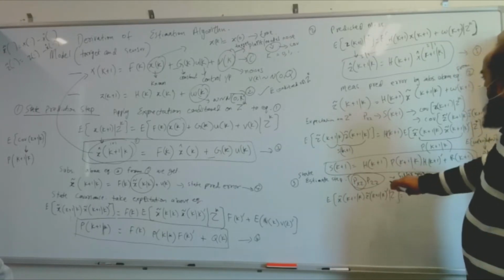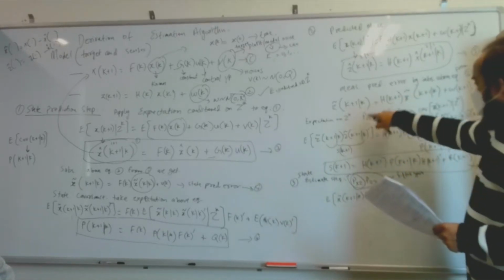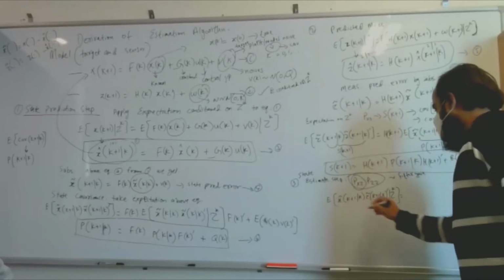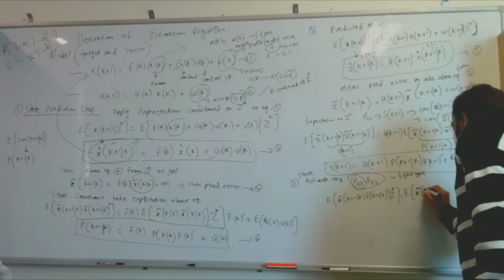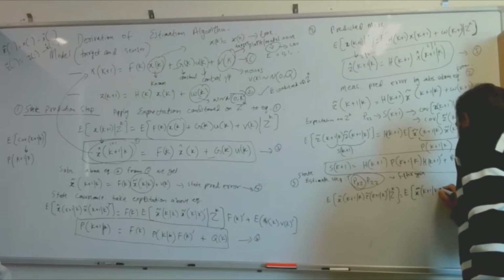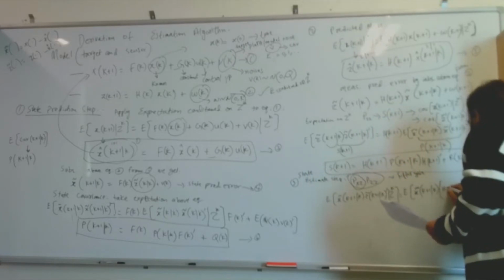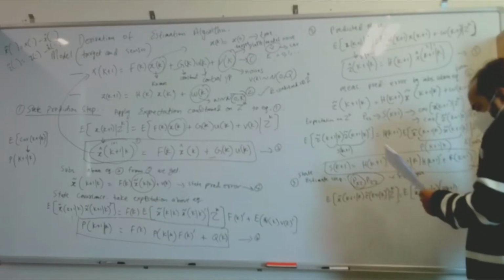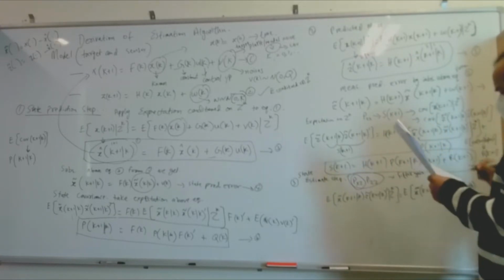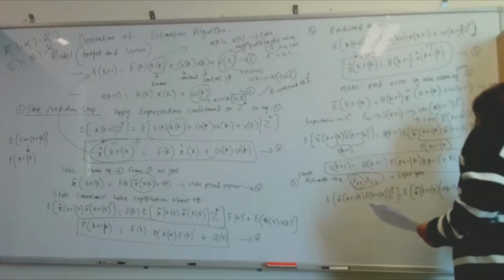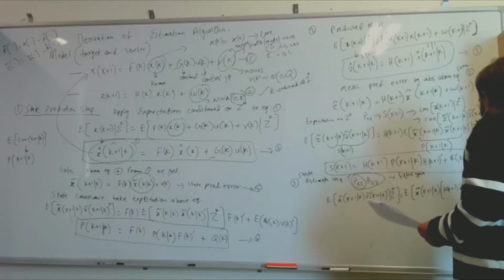Our zk is equal to this value, so we put this value, h of x k plus 1 and w k plus 1, inside this bracket.